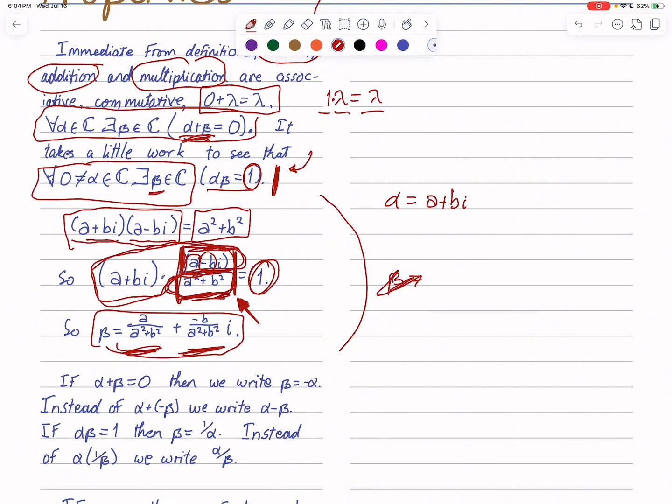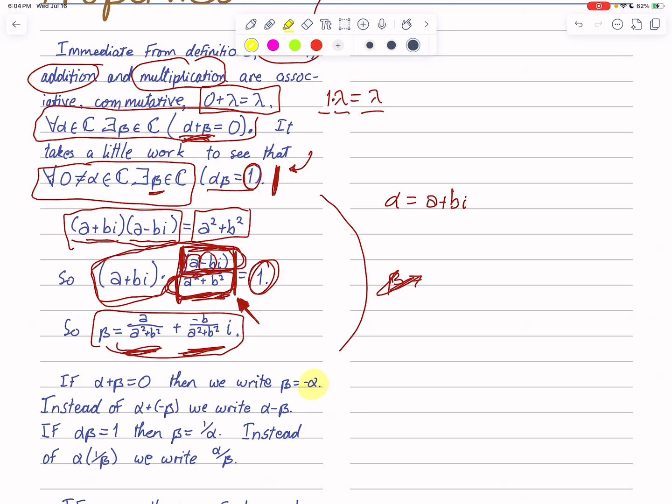Now, as a bit more notation, if beta is the additive inverse of alpha, then we typically write it as negative alpha. So negative alpha just means the additive inverse of alpha.